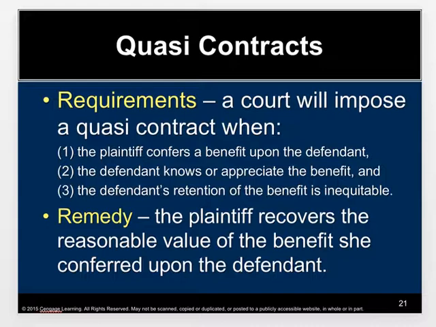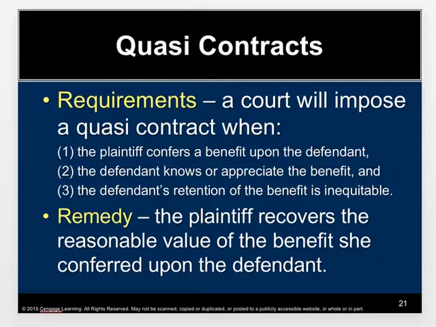And so at that point, you're likely going to have to pay for it. Now, there could be a dispute as to the price, right? Maybe what the court will say is, we'll try and determine what the reasonable price is for the work that was done, but you're going to have to pay for it, right? You received the benefit, and you can't just keep it without paying. That's what we mean by a quasi-contract.